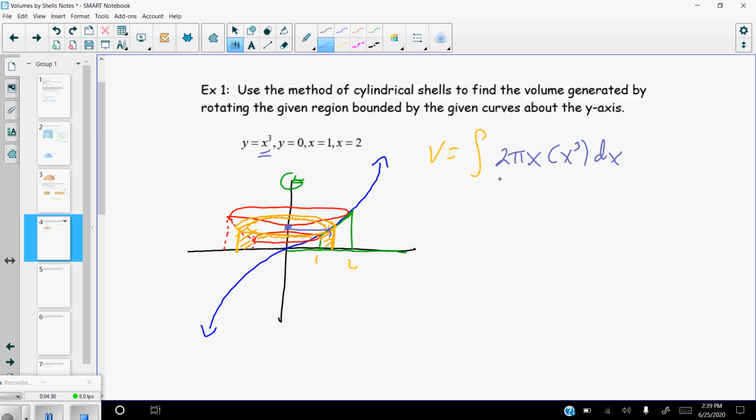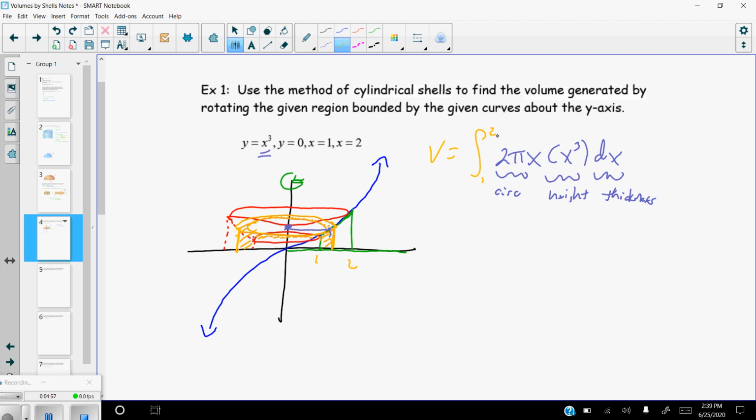So once again, this is the circumference, this is the height, this is the thickness. Again, you're just really finding the volume of a shell of a cylinder: circumference times height times thickness. And it's going to go from 1 to 2.